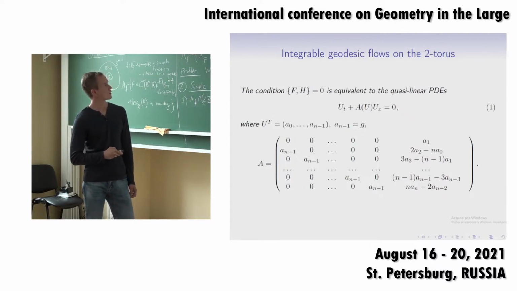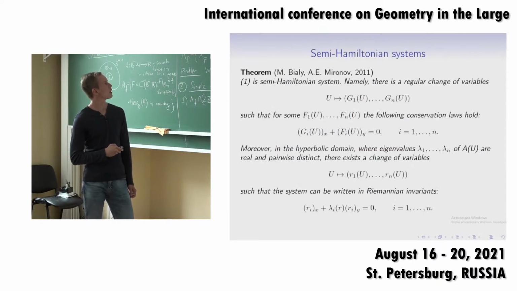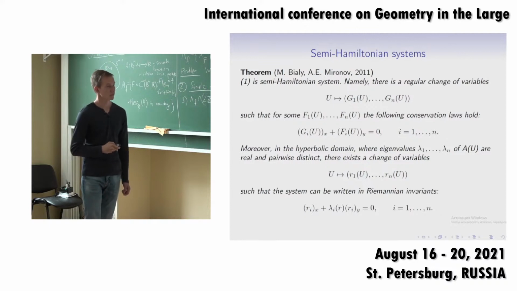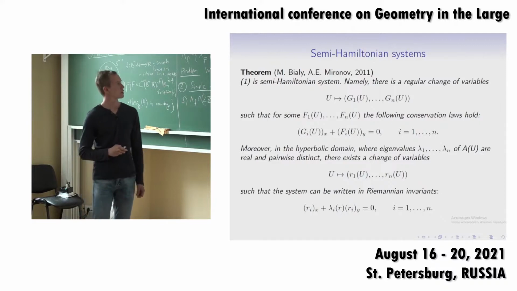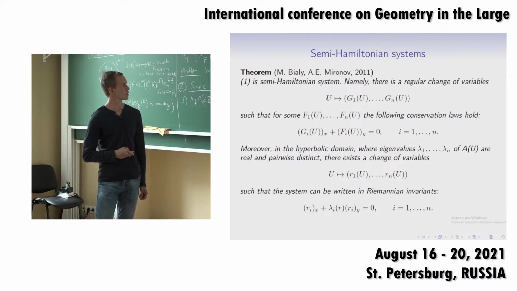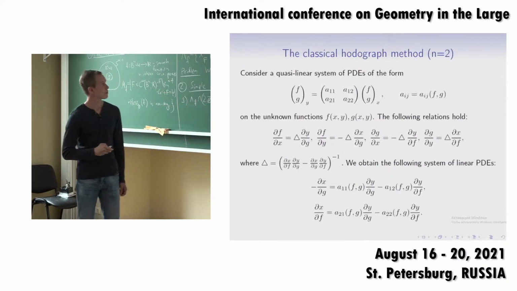Moreover, it turns out that this system has certain beautiful properties. It is semi-Hamiltonian. It means that, first of all, it can be written in the form of conservation laws. And one more property is that in the hyperbolic domain, it admits Riemann invariants and can be diagonalized.